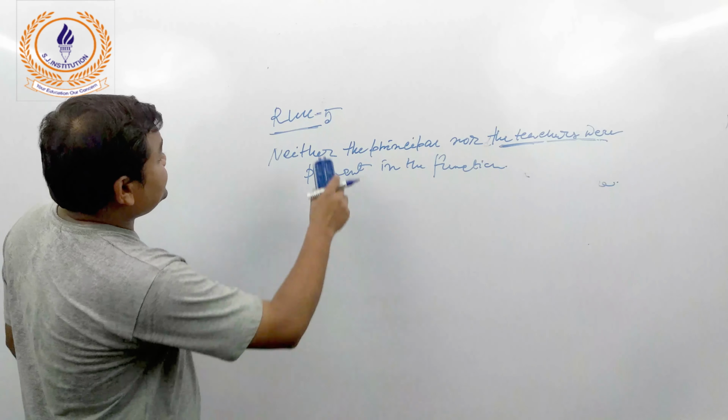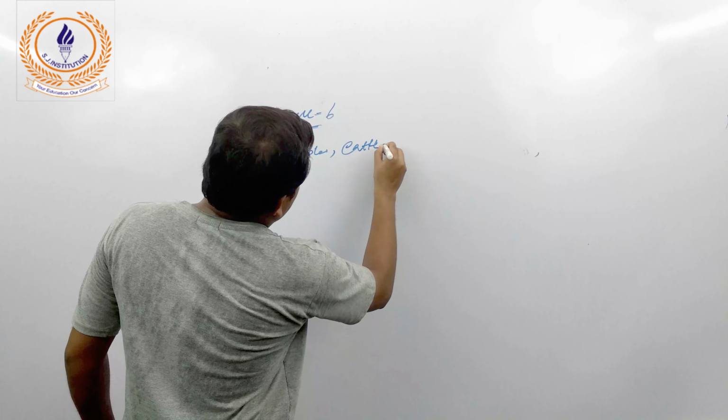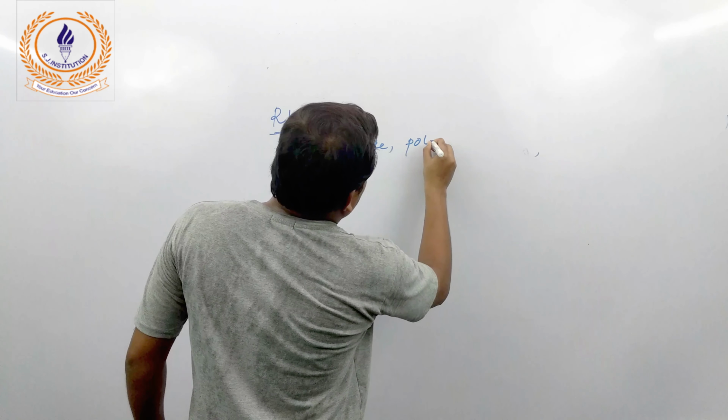Rule 6. Just like the previous rule, some nouns appear singular, but they are actually plural in meaning and take plural verb after them. Such commonly used nouns are people, cattle, police.